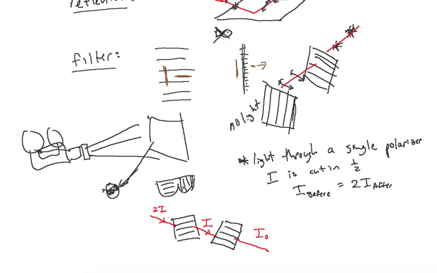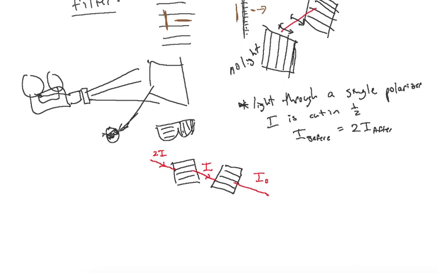And it turns out it's a pretty simple relationship for calculating that, and it's that I naught is equal to I times the cosine squared of the angle between the 2 polarizers. So if this polarizer is this way and this polarizer is this way, right, then theta is the angle between them.